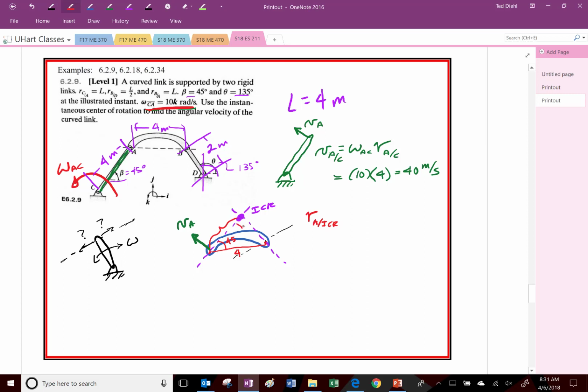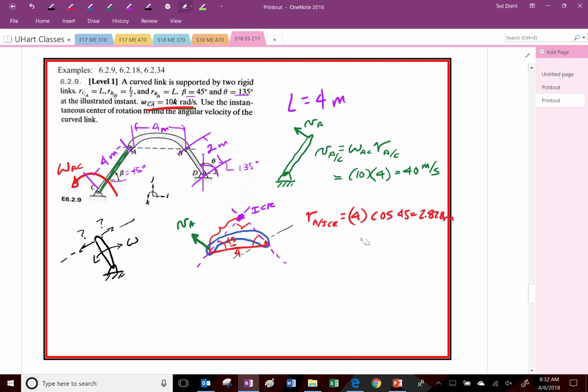We could figure out that that has to be 45, so that has to be 90 degrees. So we know that the hypotenuse of this triangle is the 4. So if we want to get one of the legs, if I use that 45, it's going to be cosine of 45. So that's 2.828 meters.